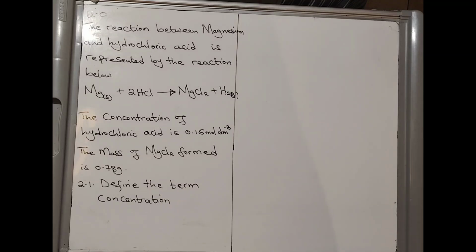So what is concentration actually? There are several approaches to this one, but let us use the standard one, which we don't have to change till we leave secondary school. It is the number of moles of a substance in a given volume of a solvent, or number of moles per unit volume.